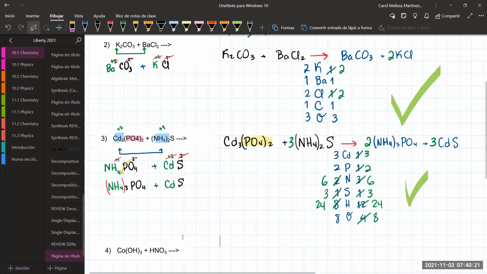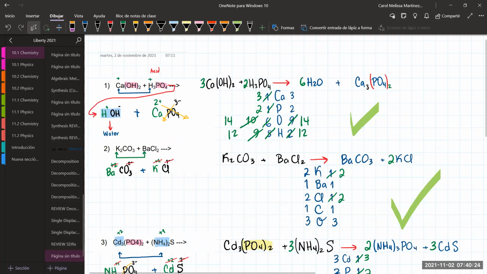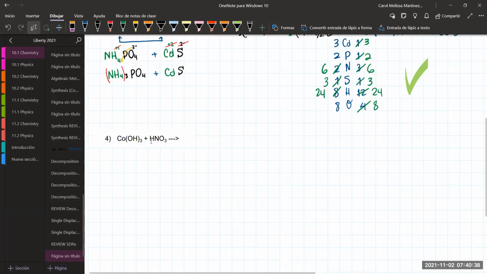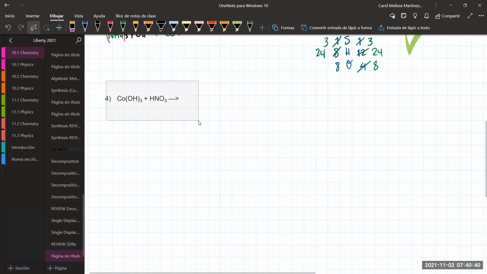With this, we can come to the conclusion that whenever you combine hydrogen and hydroxide, water is going to be formed. That's something that we can define. When you combine hydroxide with an acid, you're going to form water, just like it's going to happen here.